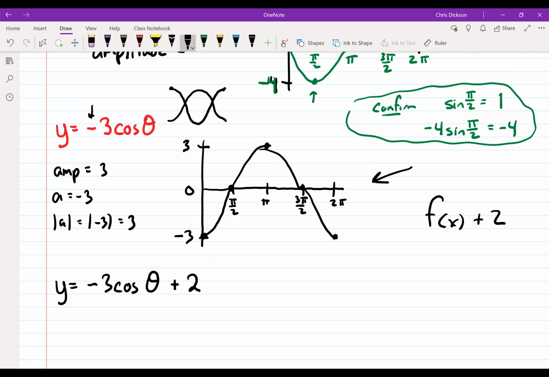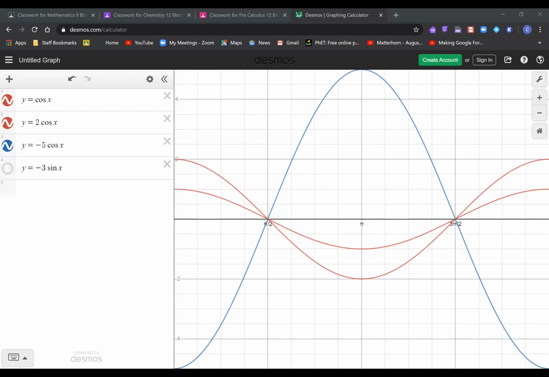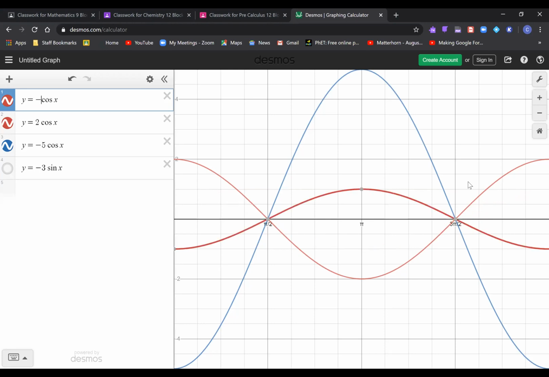So how would we do that? Well, let's go back to our Desmos here, and we'll graph a couple functions like that. So let's go y equals negative 3 cos x.